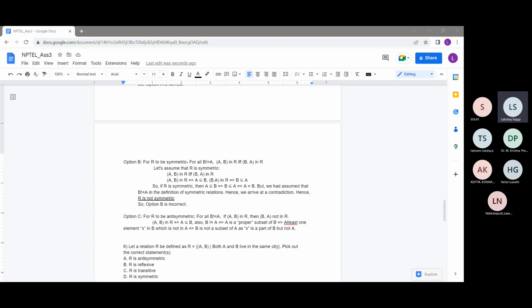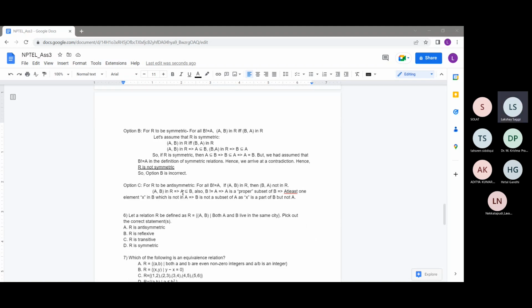Okay, so what we are seeing here is that if A comma B was in R, this means that A is a subset of B, and also B is not equal to A. So this implies that A is a proper subset of B, which means that there is at least one element X in B which is not in A. So B is not a subset of A, as X is a part of B, but not A. So what does this imply?